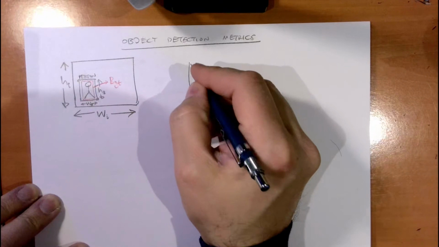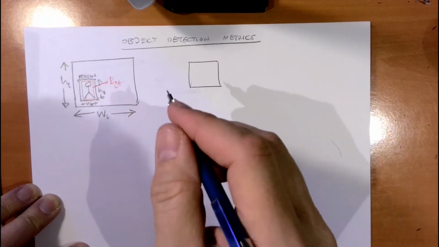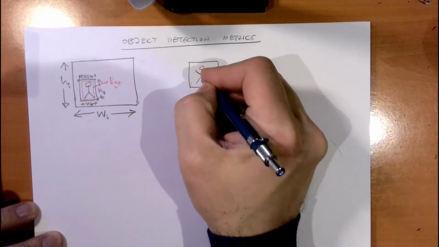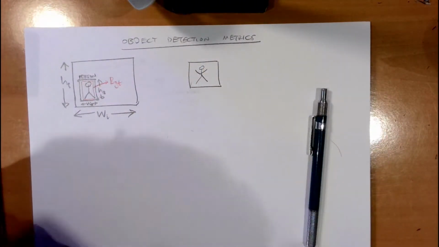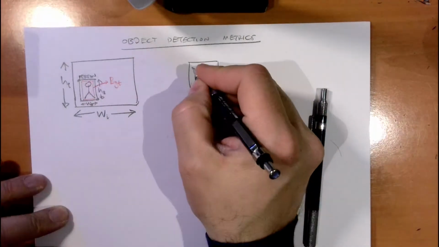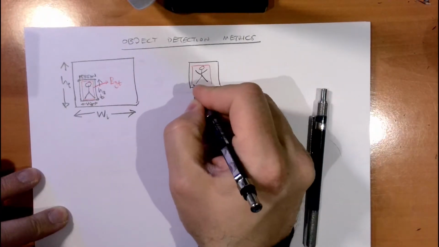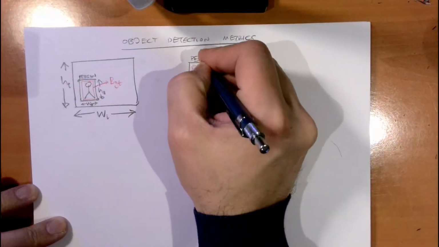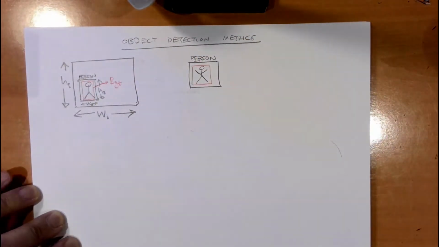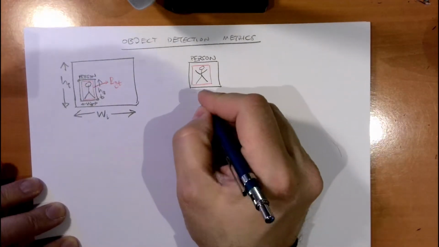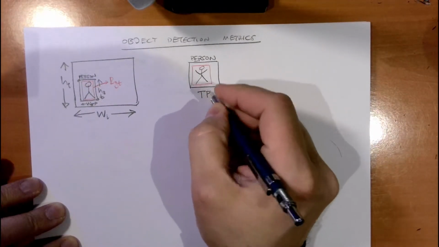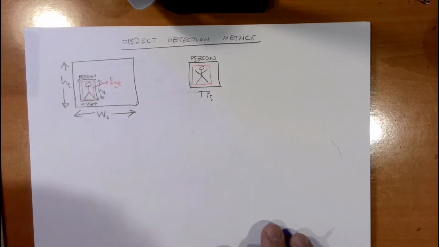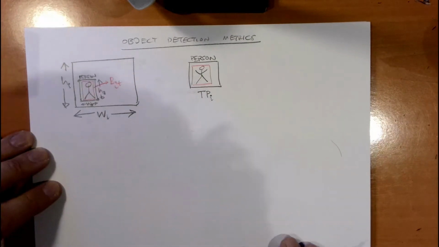So this is the true positive condition, where we have a person that is correctly detected, and this was the ground truth bounding box, and the classifier correctly presented to us the right class. This we will call the true positive event. The I as a subscript will be explained a bit later.